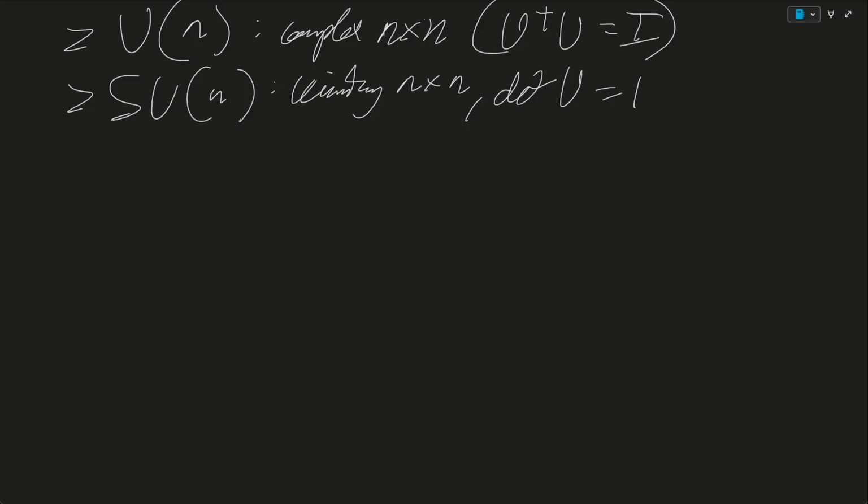We can extract that by differentiating along a curve at the identity, and we will get a resulting vector space. That is our Lie algebra: the resulting vector space from differentiating along curves.